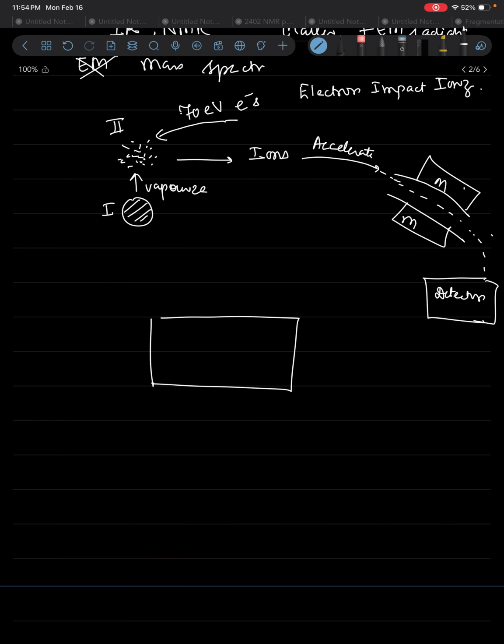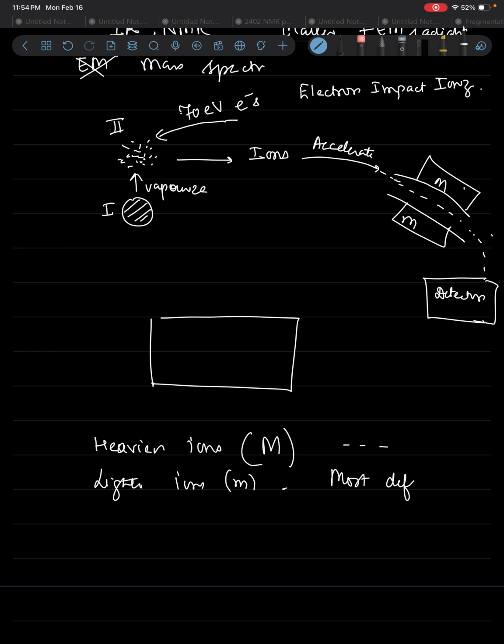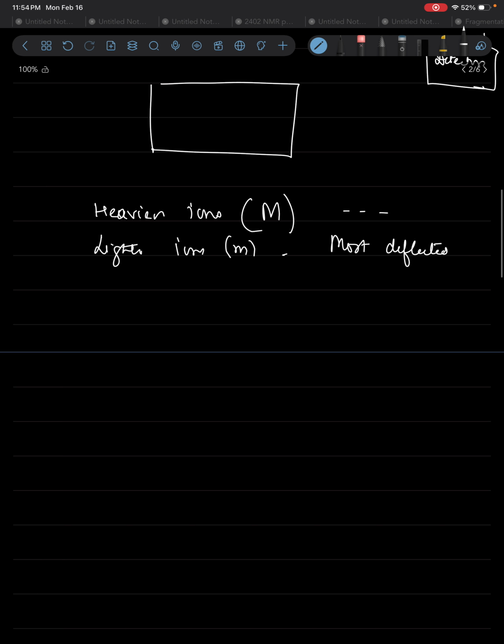So it's like the heavier ions, the ones with the bigger mass, are deflected the least, right? And the lighter ones, with the small mass, would be deflected the most. Just the way, if there is a heavy wind, the lighter things would be more prone to get disturbed as compared to the heavier things.